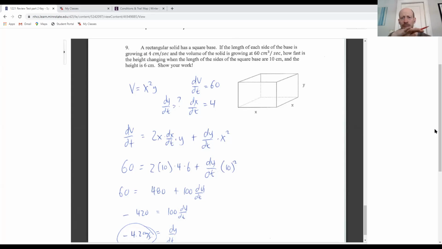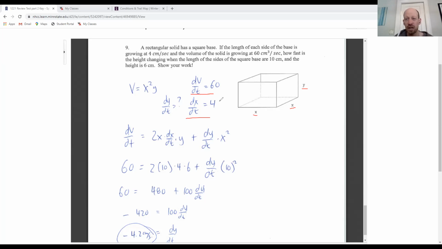But we just want to start by breaking it down, right? So this is a related rates question, and I want to start by defining the variables carefully. Luckily here, they're already defined for me, right? I already have the X and the Y written, and it is indicating here that I have a square base, so both the sides there are X. And so if we're starting this problem, I like to start with the rates that I know.